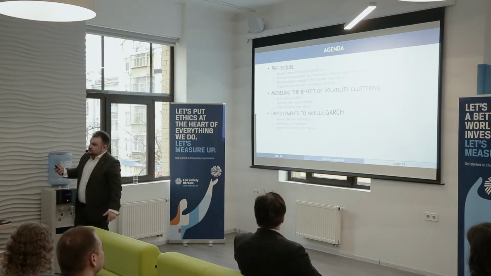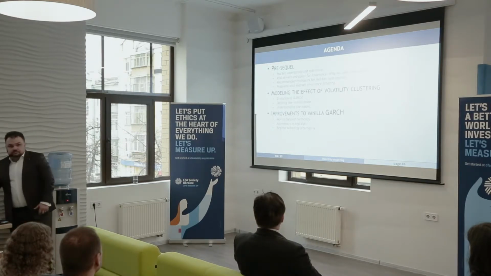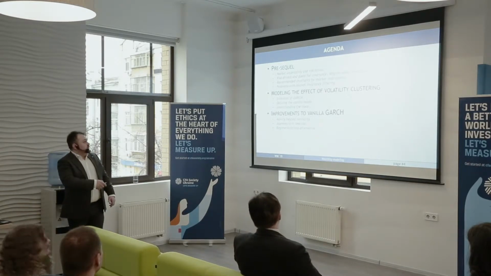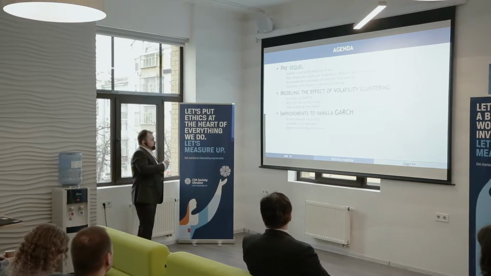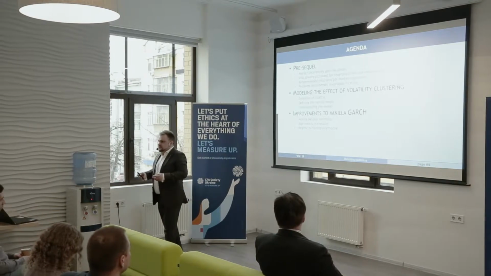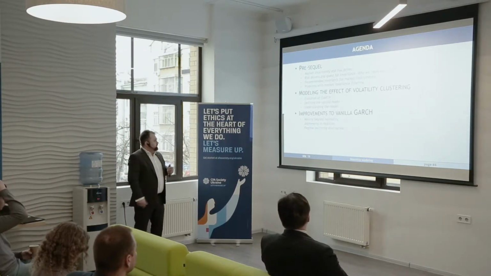I present a vanilla model, a starting model for filtering this risk invariant we need for our forecast, for our risk estimation. And the last step is some suggestions for improvements to the model we build at the second step.